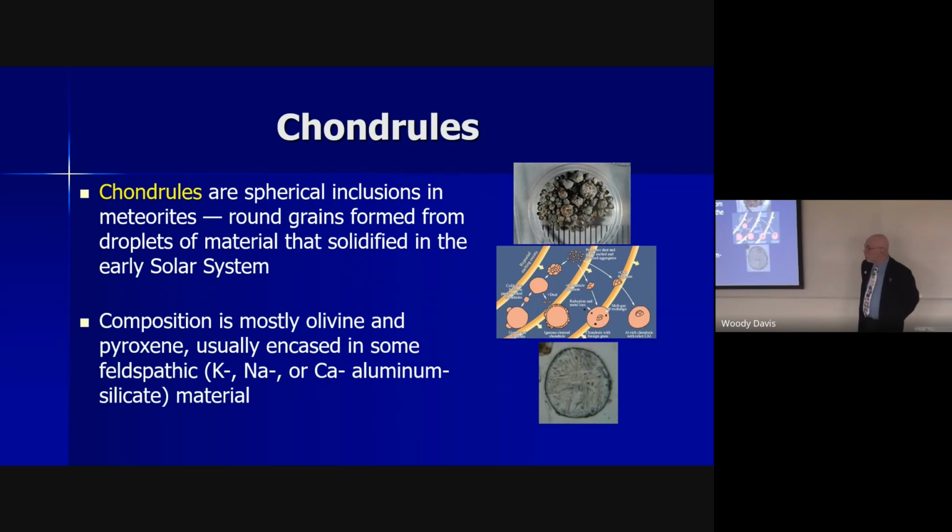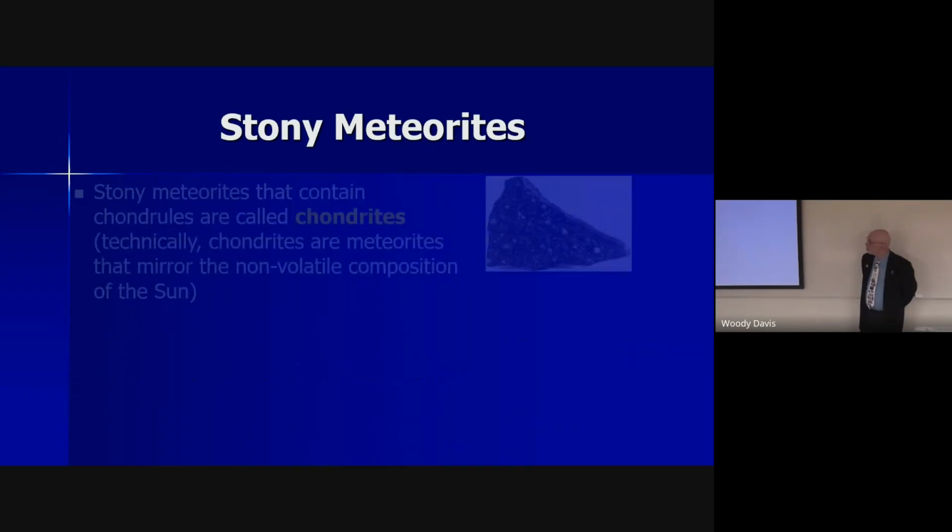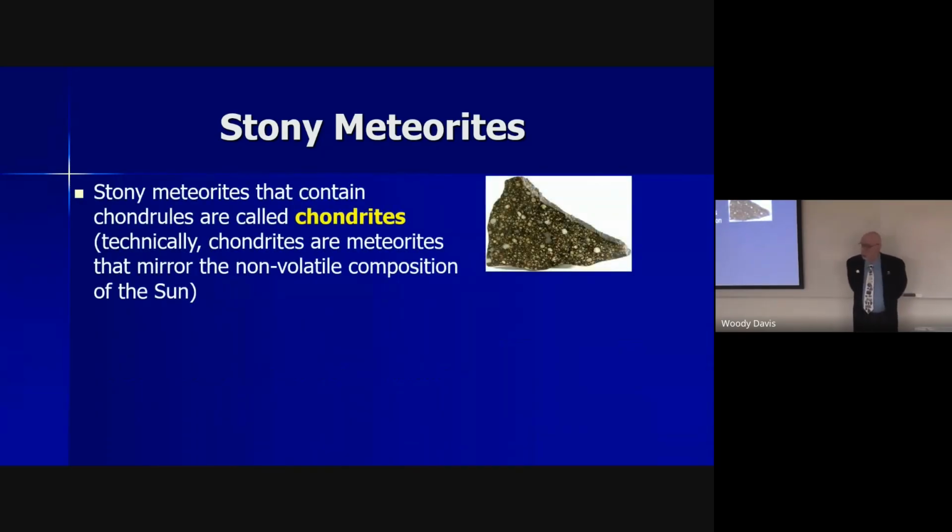And they're made out of mostly olivine and pyroxene, various silicates, and they're usually encased in what we call feldspathic material. So again, the meteorites that contain them are called chondrites, and they are technically meteorites that sort of mirror the non-volatile composition of the sun.